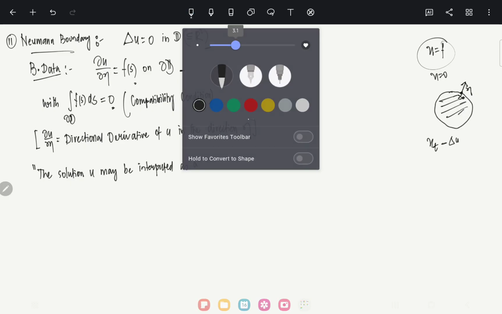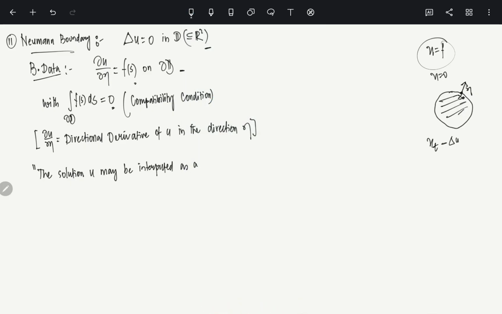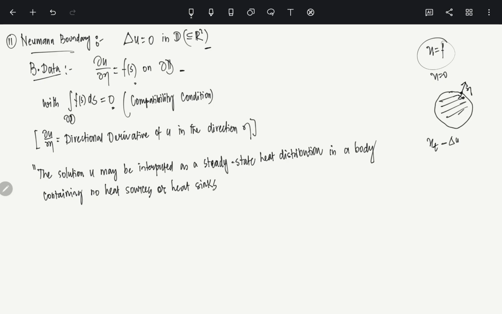So essentially here the solution u may be interpreted as a steady state heat distribution in a body containing no heat sources or heat sinks, okay.